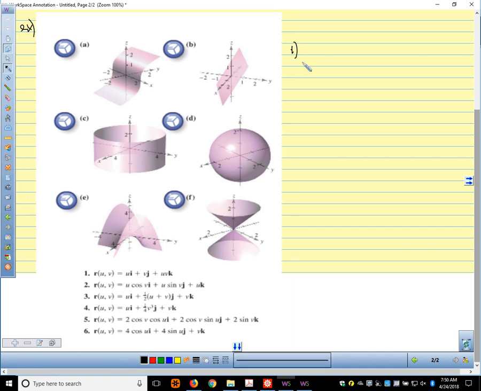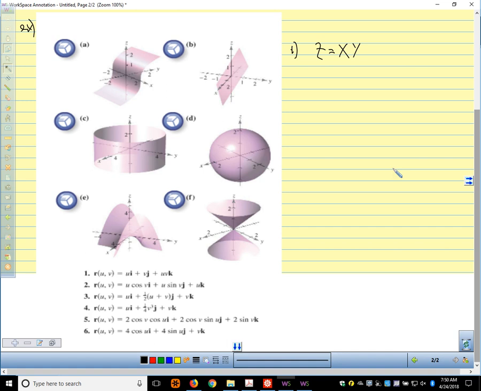All right, so what kind of relationship do we see between the variables here? Z equals x times y, right? This is z, this is x, this is y. Z equals x times y.